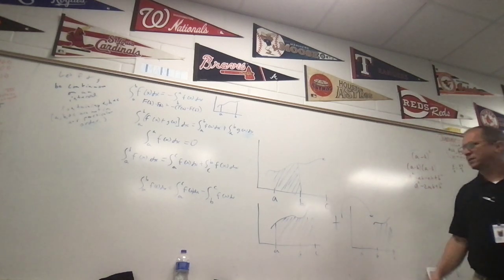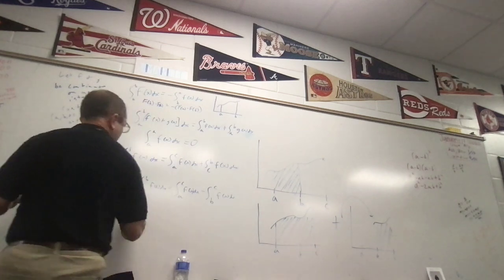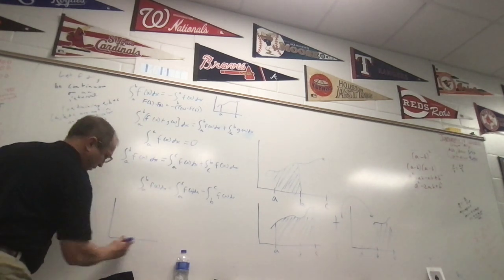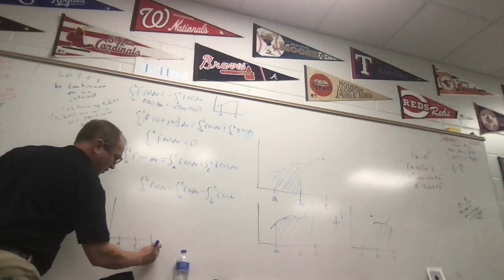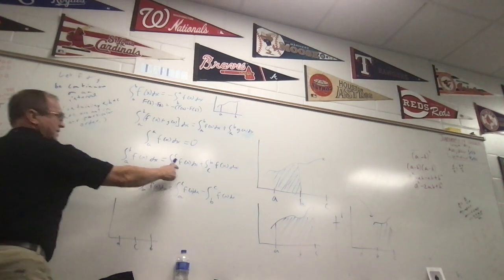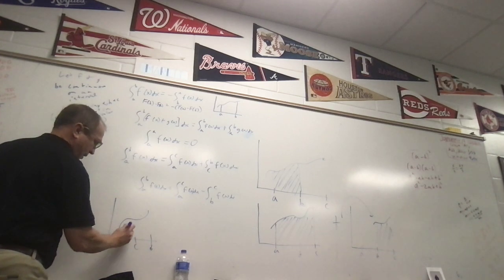And again, you can write this in any order. The easiest order to write it in that makes the most sense is to put A here, C here, and B here. In other words, we're going to put C in between A and B. And I think it's a little easier to see like that.